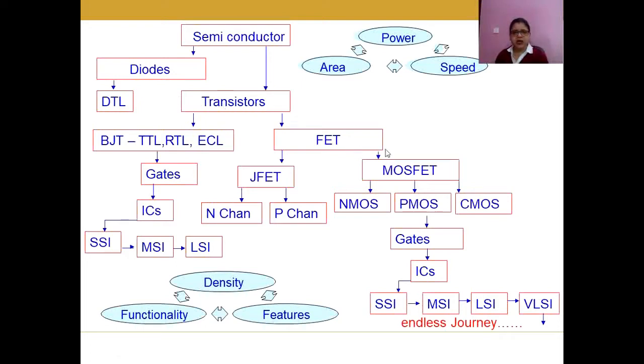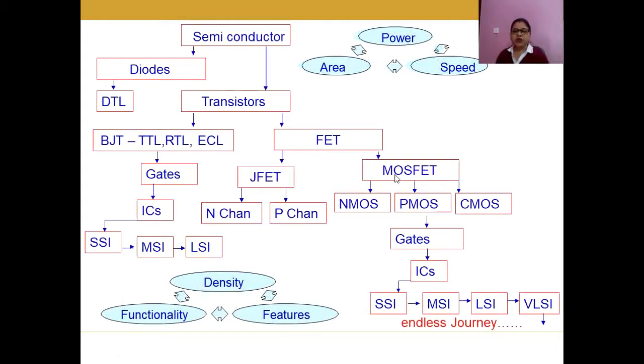Transistor again has a series into it, but when we talk of the diodes, then we go to DTL, which is diode transistor logic, and from the transistor we come to BJT first, and after BJT we came to FET. After the FET, firstly the junction field effect transistor came into picture, which has N channel and P channel types of transistors.